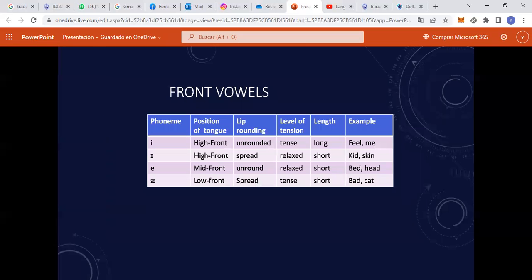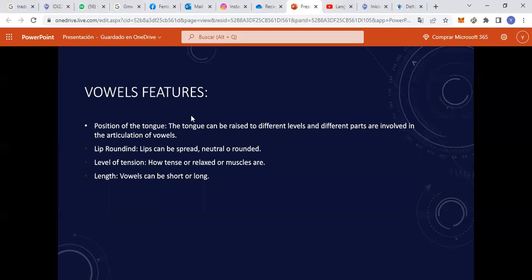All right, let's take a look at a few more examples. So we have here examples: feel, me, about from vowels, kid, skin, bed, head, bad, cat. We have here the different characteristics: the position of the tongue, the lip rounding, the level of tension, as we already discussed.